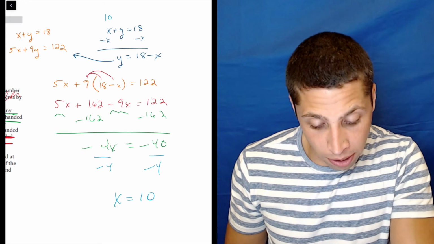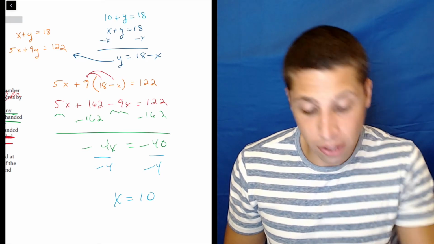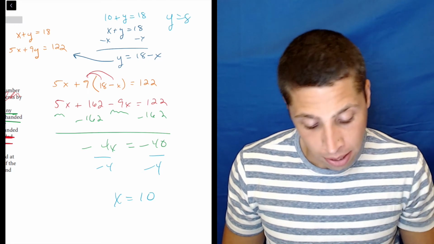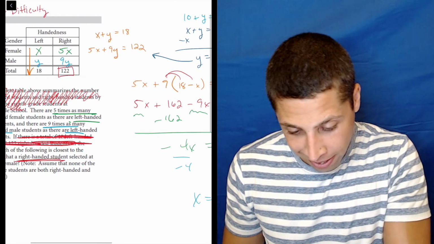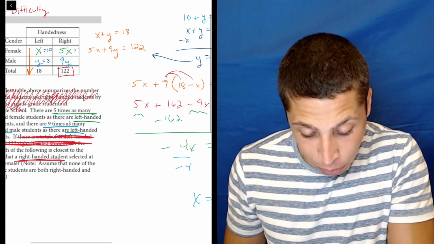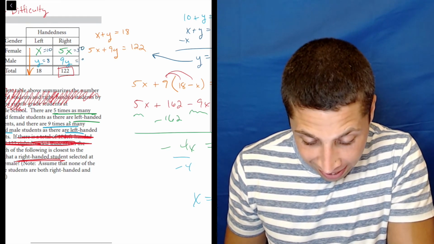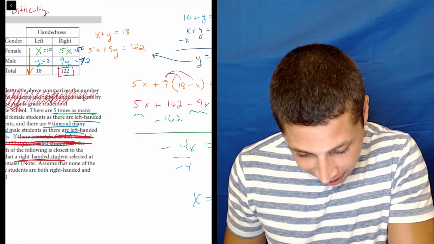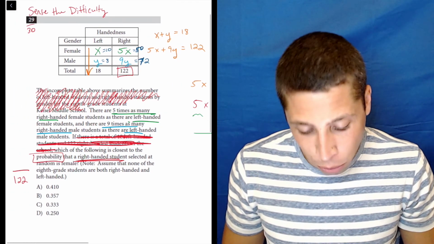And because of my original equation, if x plus y is 18, then y has to be 8. So let's do these colors. This is 8, this is 10, therefore this is 50, and this is 72. 50 and 72.